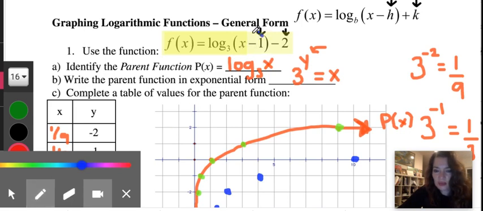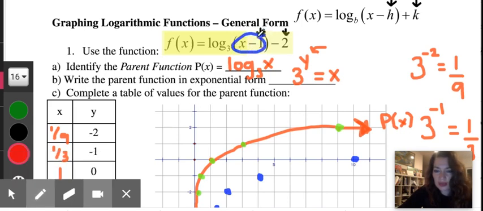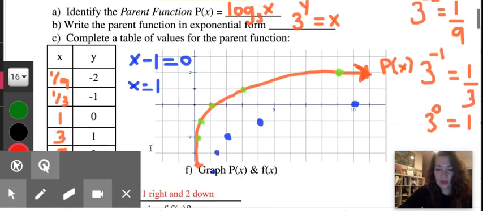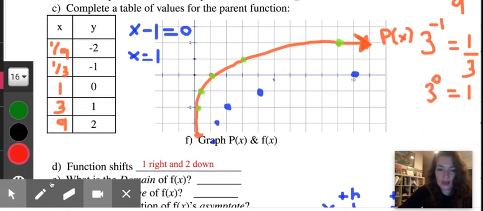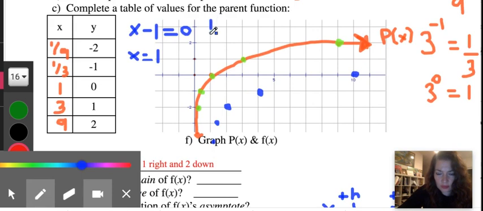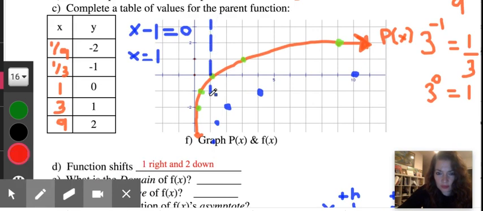So I'm going to take this whole x minus 1, and if we set that equal to 0, then we see we have an asymptote that is a vertical asymptote at x equals 1. So I'm going to go ahead and draw that asymptote at x equals 1 right here. And then I'm going to draw my graph.